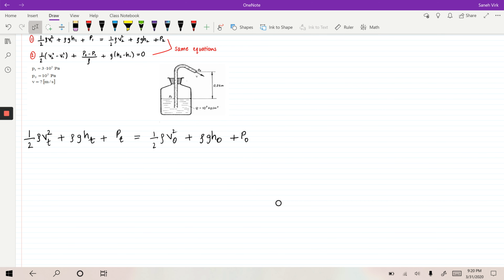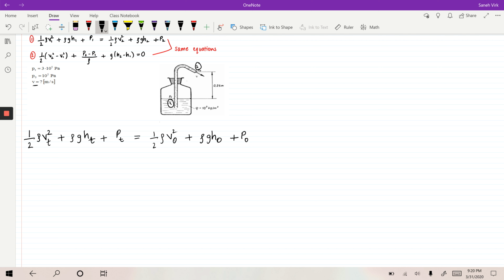For the first problem, I wrote down the first equation that we will be using. Right now we're using this part as point 1 and this as point 2.